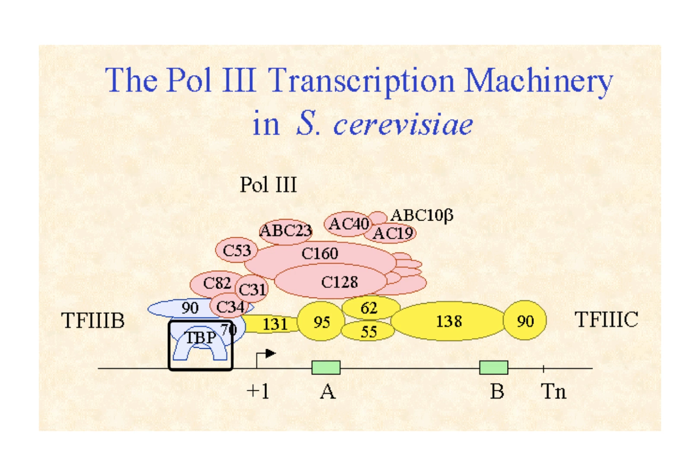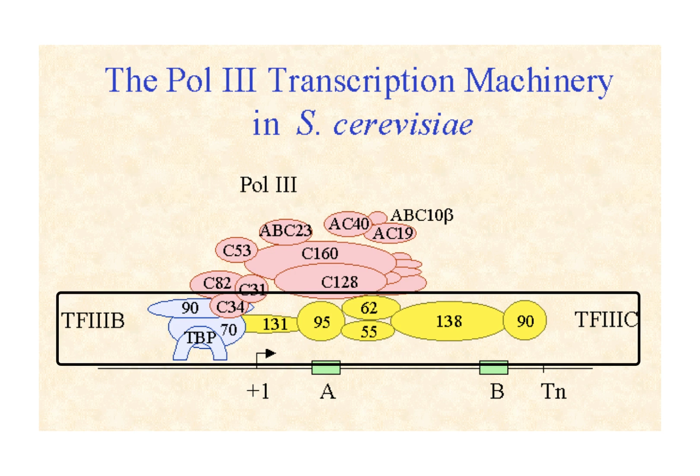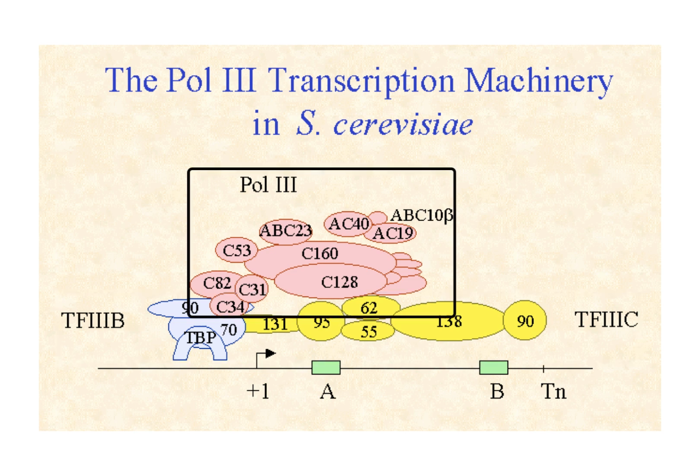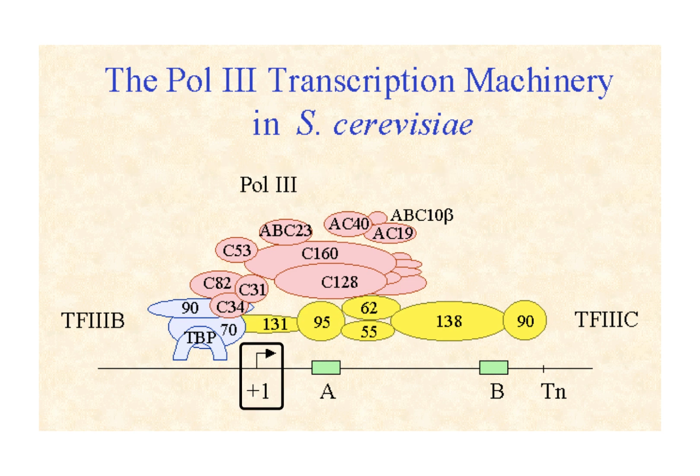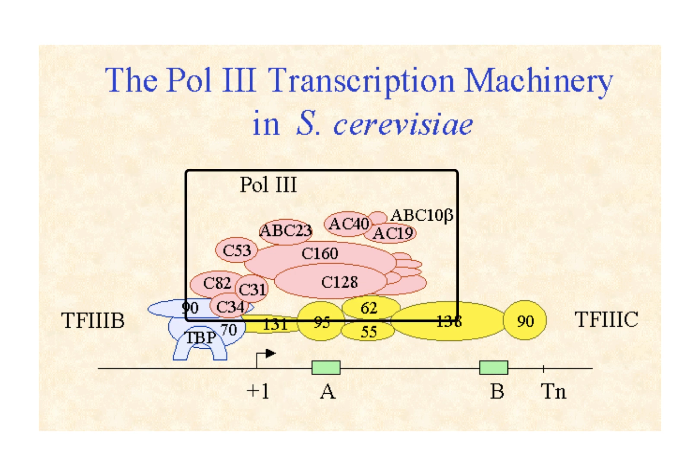What you're getting is attachment of transcription factor 3B to transcription factor 3C, and then both of those attach RNA polymerase 3. So then RNA polymerase 3 is positioned on the gene to start transcription at the +1 nucleotide. You can see the number of subunit proteins that are involved in producing our RNA polymerase 3 here.